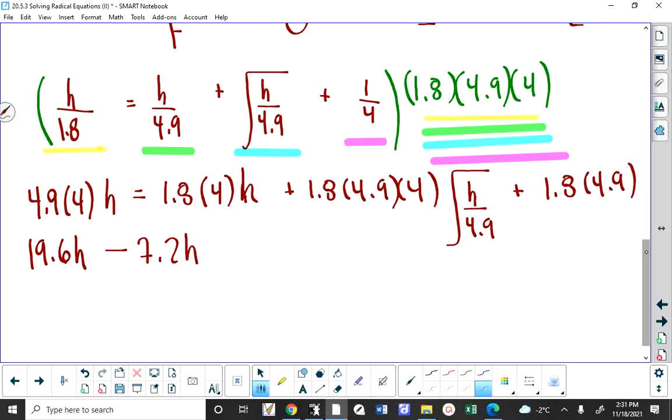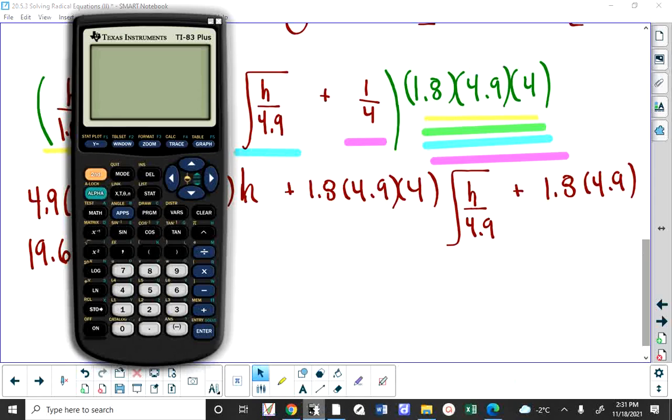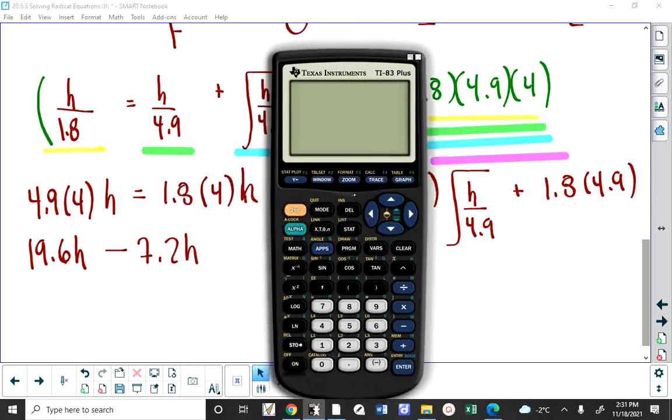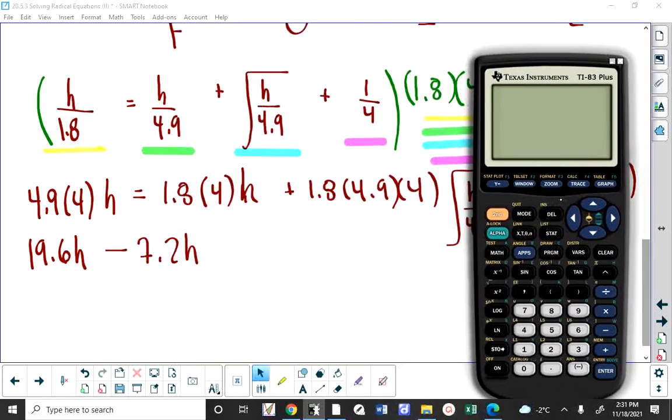I'm going to subtract 1.8 times 4.9. I'm beginning to regret saying, let's start with this example. We're going to power through it. But we got all these decimals. I think we're going to end up with the quadratic formula at the very end of this as well, because I don't think this is going to be factorable. But let's see, 1.8 multiplied by the 4.9 is 8.82.